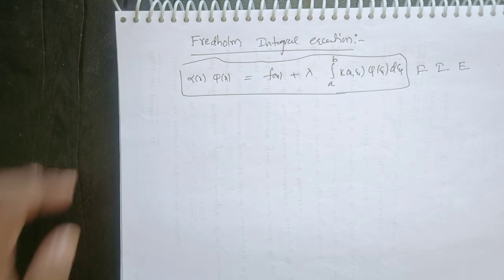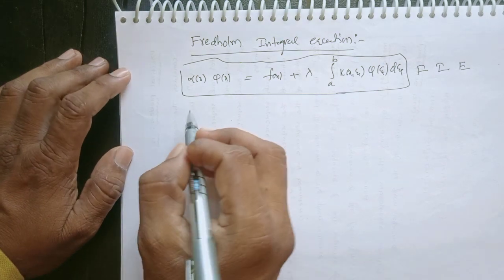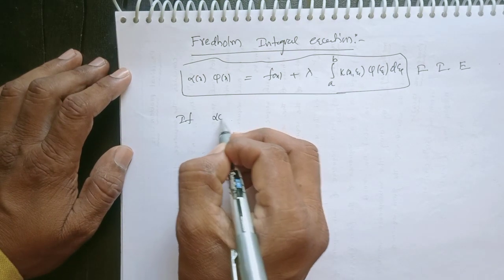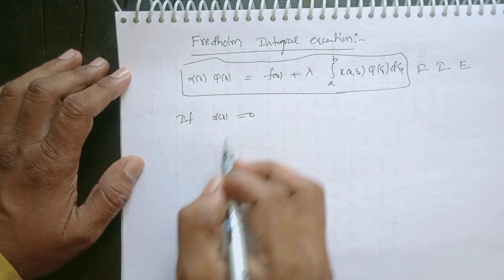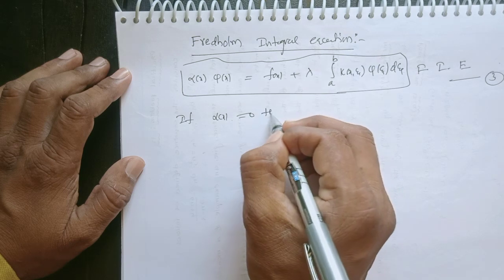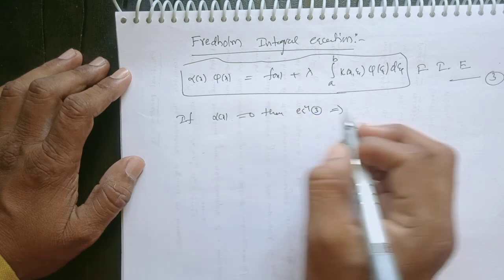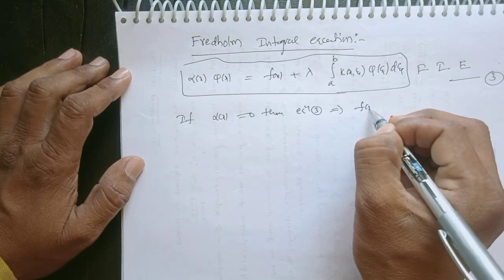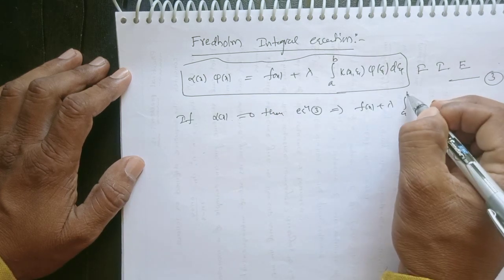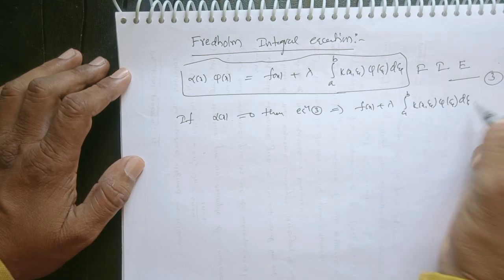Now this can be classified into three: the first kind of Fredholm integral equation, the second kind of Fredholm integral equation, and the homogeneous Fredholm integral equation. Look my dear students, if alpha of x is equal to 0, suppose I call this equation 3, then equation 3 becomes f of x plus lambda times the integral a to b of k of x, xi, phi of xi d xi is equal to 0.